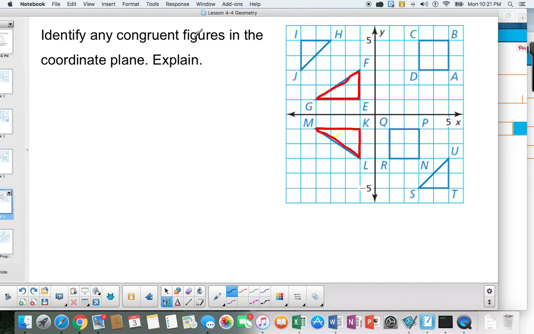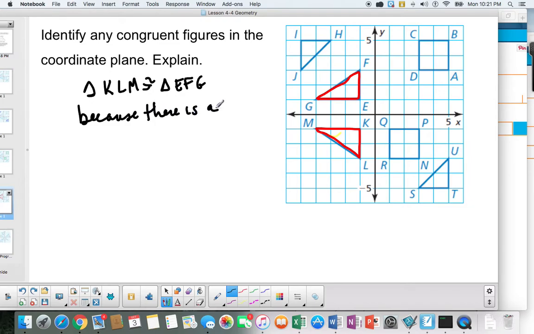Now let's talk about these. This is triangle KLM congruent to triangle EFG because there is a reflection over the x-axis.